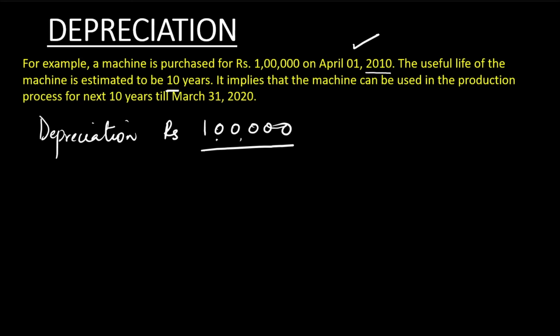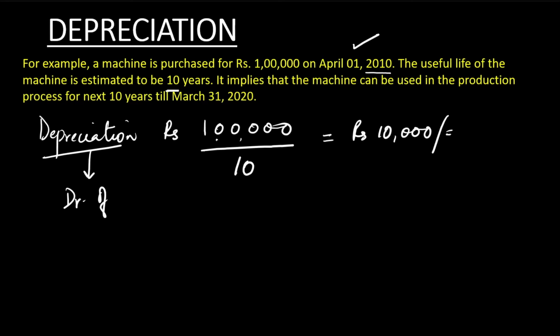The revenue generated by this machinery would be spread over 10 years. That's why each year for the next 10 years, rupees 10,000 would be charged against this asset, and it will be taken in the profit and loss account debit side as an expenditure. So depreciation is always taken on the debit side of the profit and loss account.